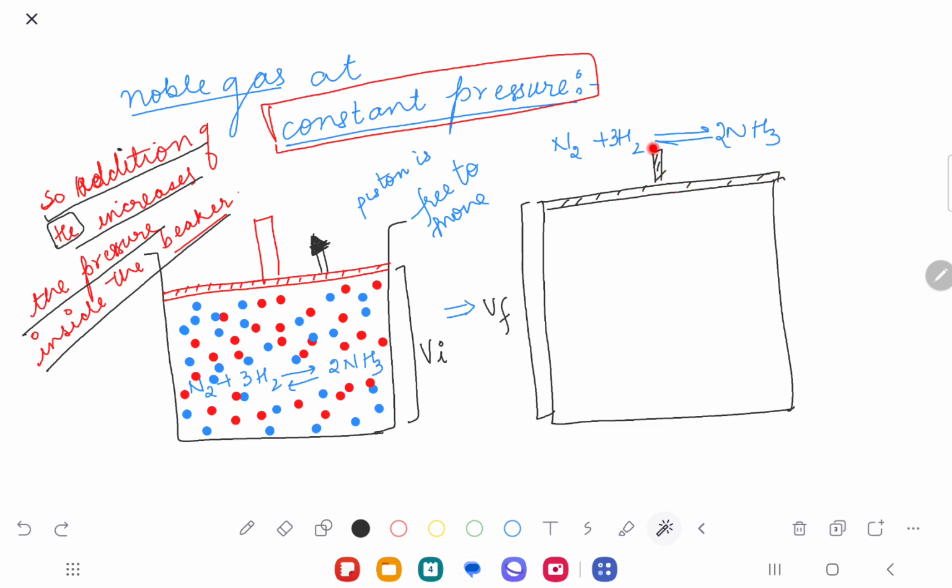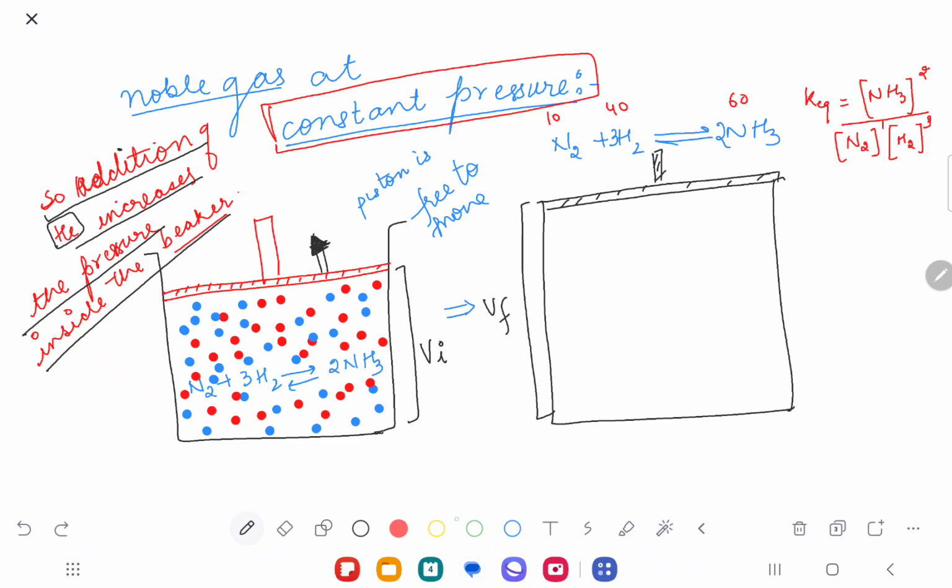Just tell me. So if in a particular reaction there were initially 10 moles of nitrogen, 40 moles of hydrogen, and 60 moles of ammonia, do you understand now the volume has increased? So in the initial situation, I would write the K equilibrium as ammonia's concentration raised to the power 2 over nitrogen's concentration raised to the power 1 over hydrogen's concentration raised to the power 3.